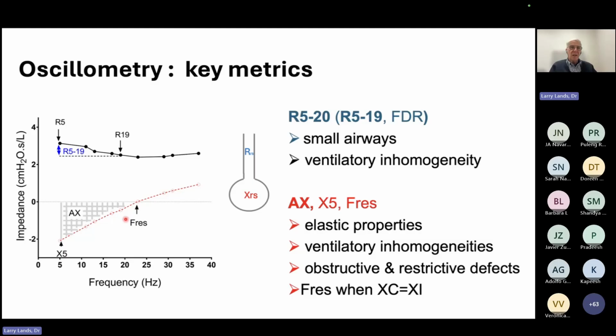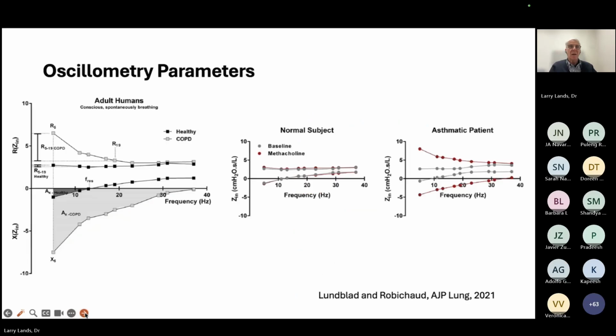And then we can get the area under that curve, which is known as the area of reactance. And that is more related to elastic properties, quite sensitive to ventilatory inhomogeneities, and so it can detect both obstructive and restrictive defects.